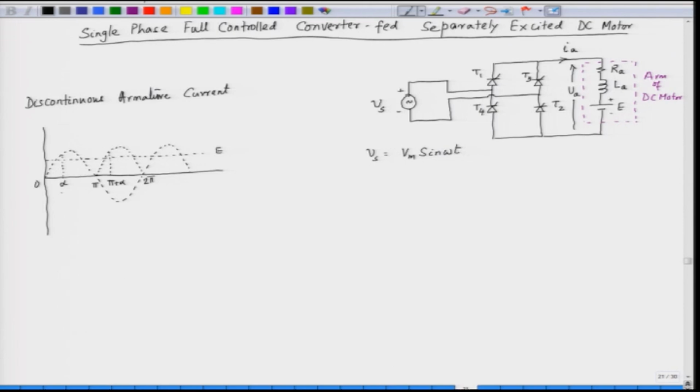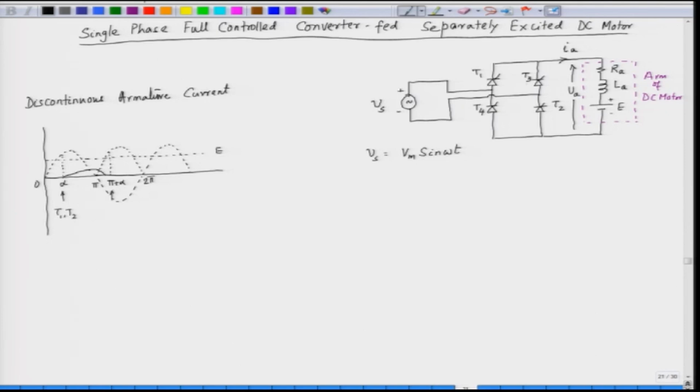So, at this instant we trigger T1 and T2. They are forward biased, so they will go into conduction, and we will have a current. The current will start from 0 and will somehow come down to 0 before the triggering of the next pair of SCRs. At pi plus alpha, at this instant, we trigger the next pair of SCRs.